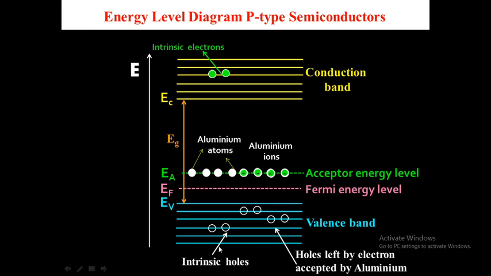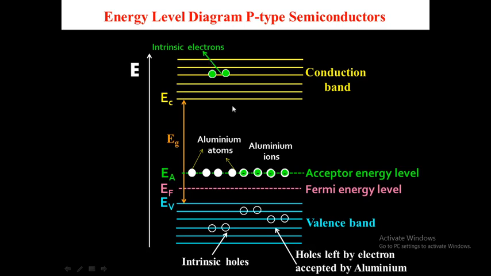And the electrons that have gone to the conduction band left holes in the valence band, and those holes are called intrinsic holes. So the valence band consists of 2 types of holes, intrinsic holes and holes left by the electrons accepted by the aluminum, whereas the conduction band only contains electrons, those are known as intrinsic electrons.